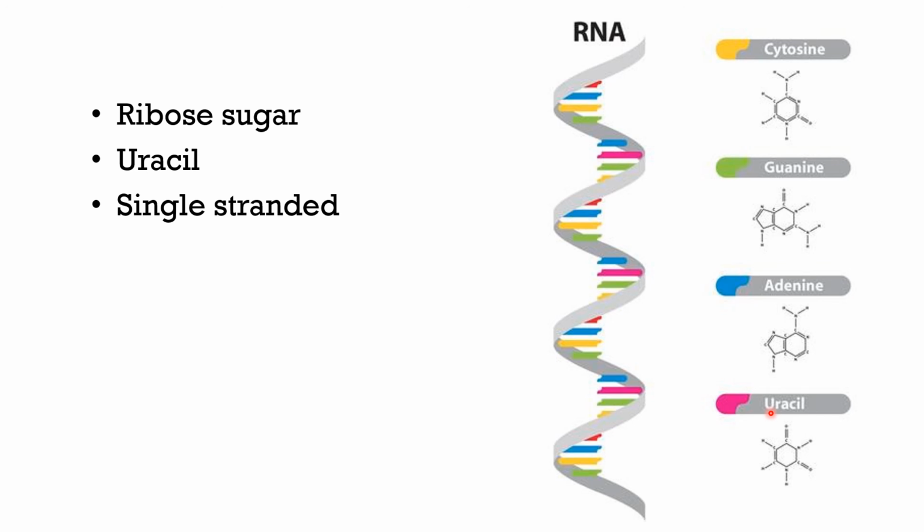But the RNA needs to be able to move throughout the cell so it can go make proteins. And that is going to be able to move because it has these special uracil, and it's also single-stranded, and it has that ribose sugar. So different machinery within the cell is going to be able to recognize this, and it's going to be allowed to move through the cell in a way that the DNA is not allowed to move.